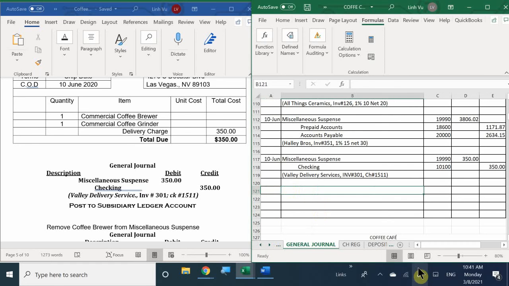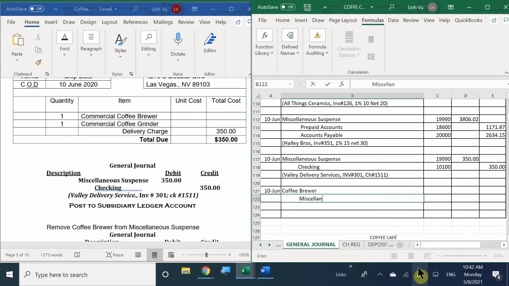15010. 15010. So I'm going to go ahead and put the date here again, June 10. We're going to move the coffee brewer right out of miscellaneous suspense. So therefore, we're going to debit our coffee brewer because we're acquiring it. We received it.